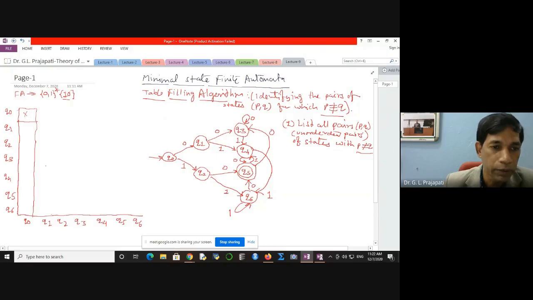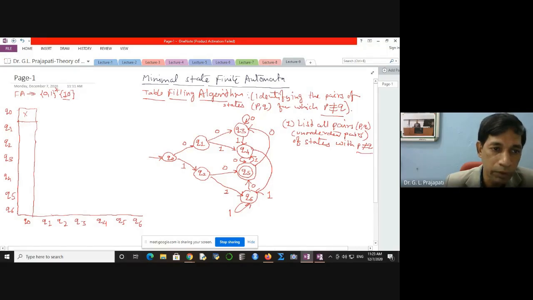Also, if you have the pair Q6, Q0, then in the upper diagonal of this matrix you will have Q6, Q0 here, and in this corner you will have Q0, Q6. We are interested in the unordered pairs, so we are not interested in the upper diagonal either.